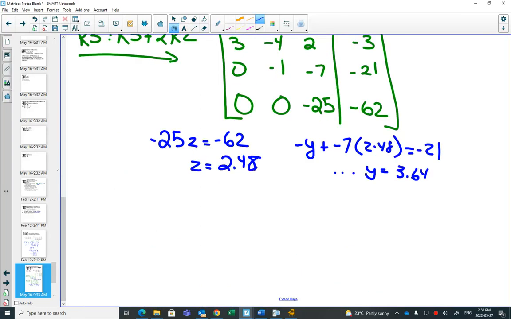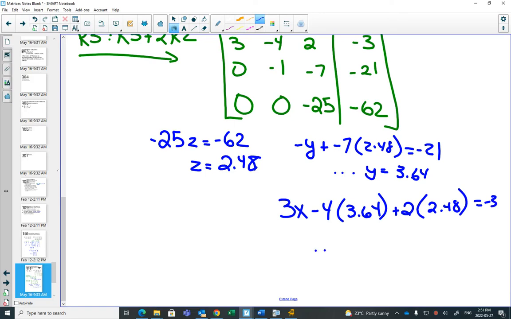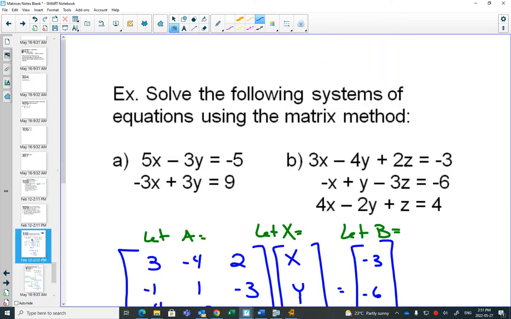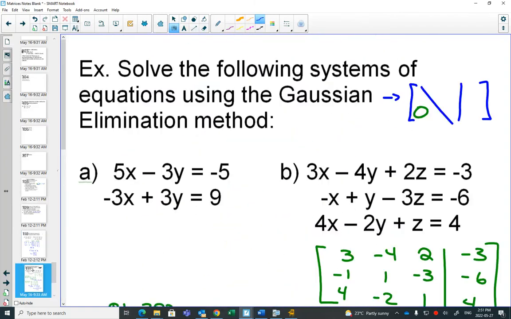And then you could go to your first equation and say, well, 3x minus 4, and we know that y was 3.64, plus 2, and we know that z was 2.48. That has to equal negative 3. And you would find out that x was, what was it, 2.2? Perfect.